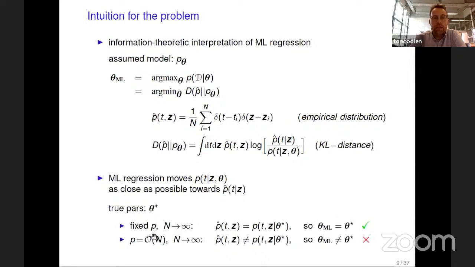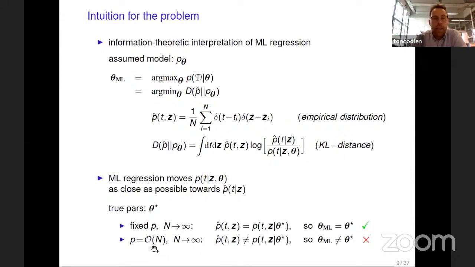If the dimensionality of the thetas is fixed and n goes to infinity, then we know that the empirical distribution will converge to, let's assume that the model was chosen well, the model distribution with the correct parameters, provided we keep p fixed and we send n to infinity. And therefore, if you minimize the distance between p hat and a parameterized distribution, you will get your correct parameters out.